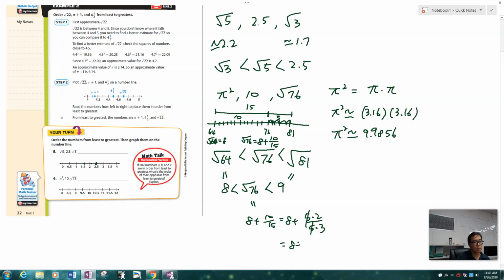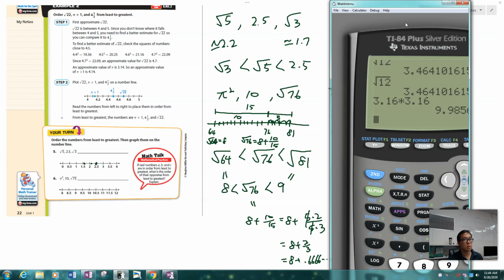That means 8 plus 2 over 3. 1 over 3 is 0.33, so 2 over 3 is 0.6666 forever, which gives 8.6666. So let's use a calculator.